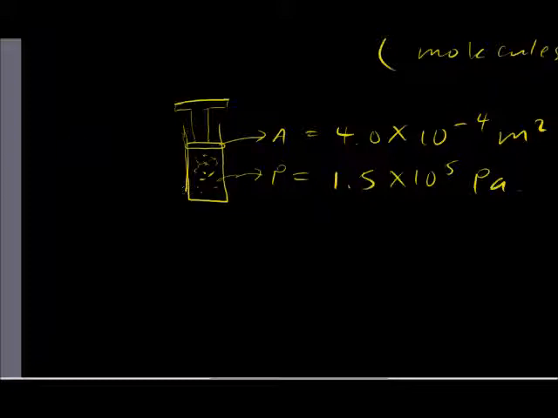The atmospheric pressure, let me represent it by PATM, is equal to 1.0 times 10 to the power 5 Pascal. From here we need to determine the mass of the piston when the entire system is in equilibrium.